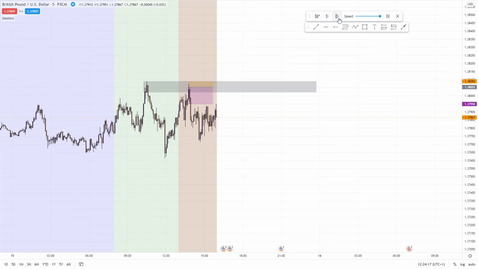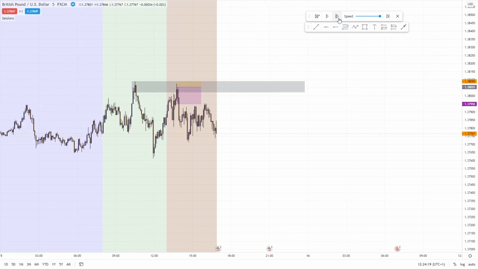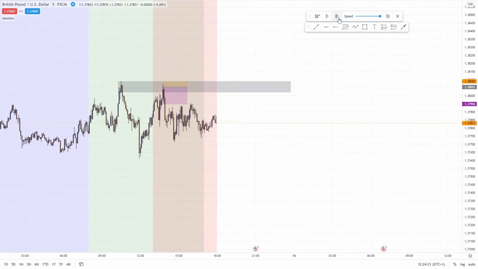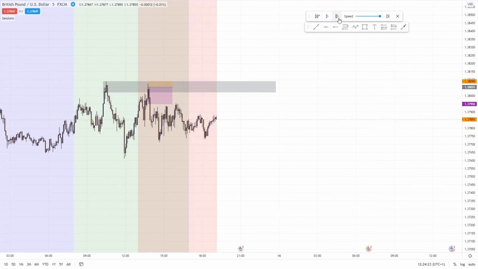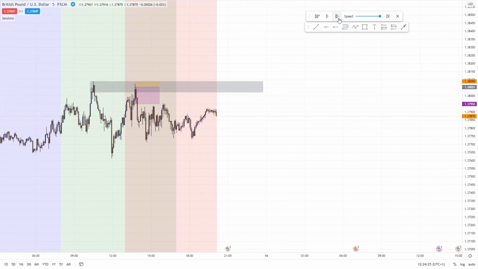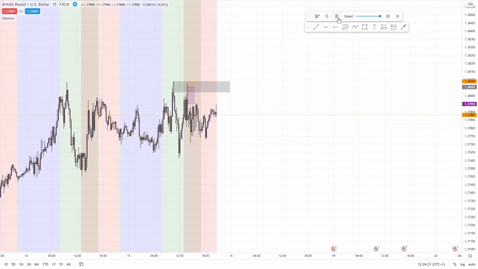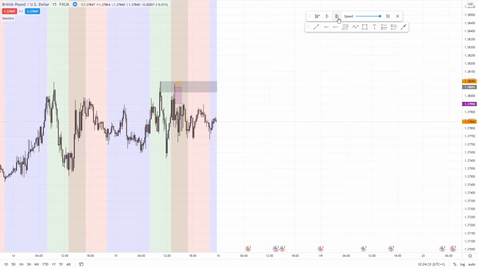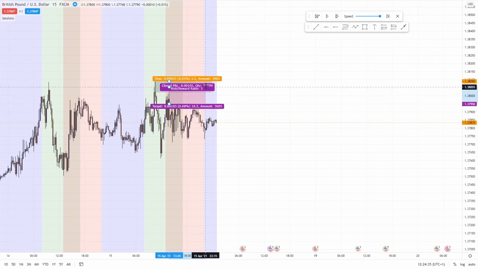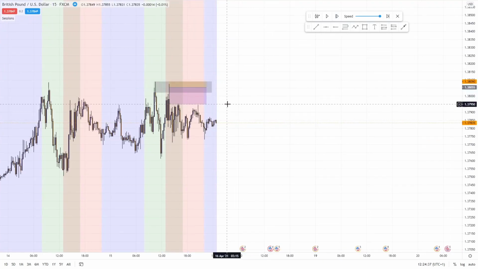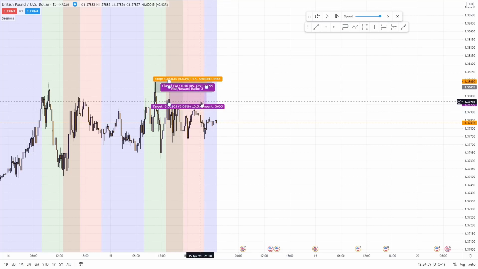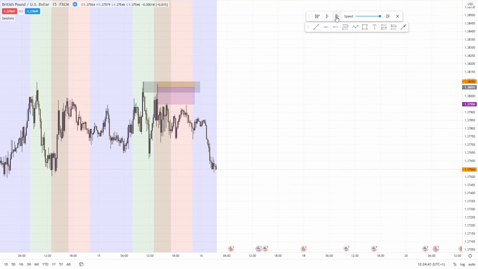I stepped away from my computer this time, realized that price was ranging around, so it didn't really do much. Had my stop at break even. Move this up a little bit. So yeah, before I went to bed, I think I trailed my stop to just above this high here, which was 1 to 3, so I was securing myself an extra 1.5 R should it pop back up.